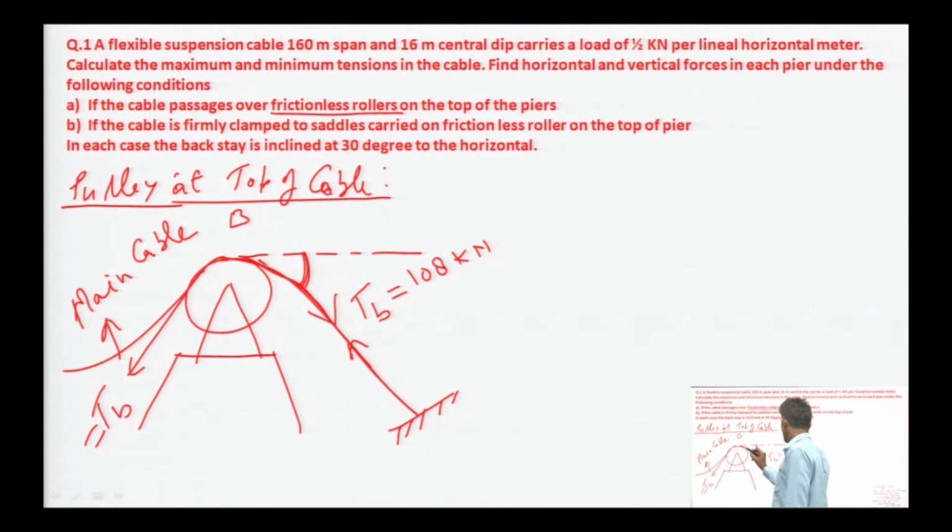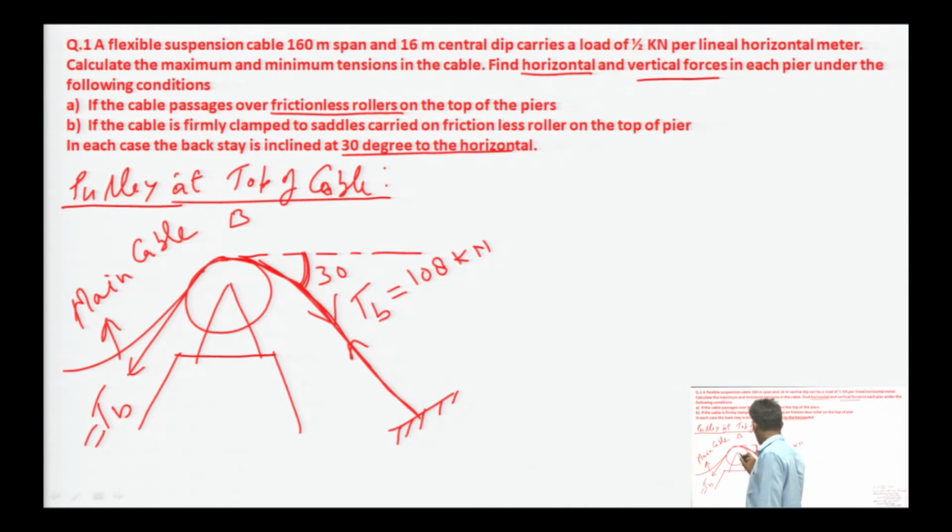The back stay is inclined at 30 degrees to the horizontal, meaning this angle is 30 degrees. So, this is the free body diagram at point B. With these forces acting, we need to find the horizontal and vertical forces. So, let us resolve the forces.